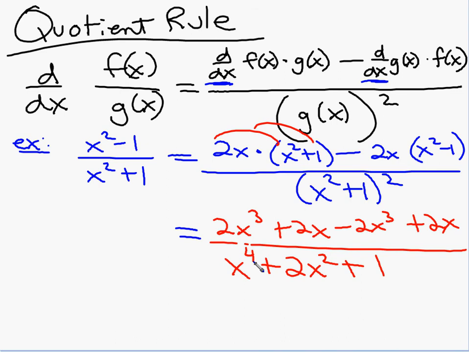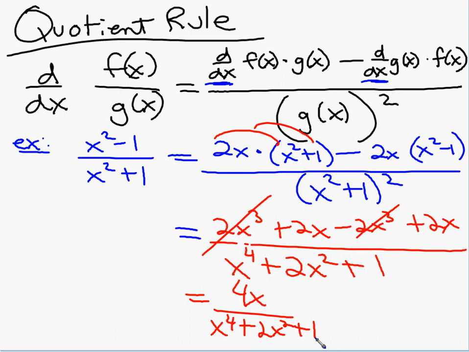And then, of course, my 2x cubes go away, and it looks like I've got 4x over x to the fourth plus 2x squared plus 1. Okay? And I think that bottom would actually factor if I wanted to. Okay?